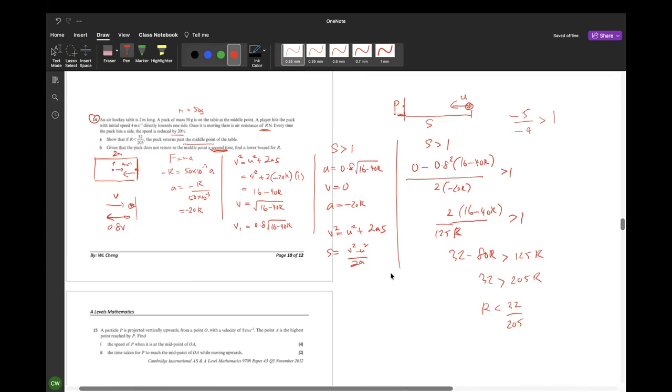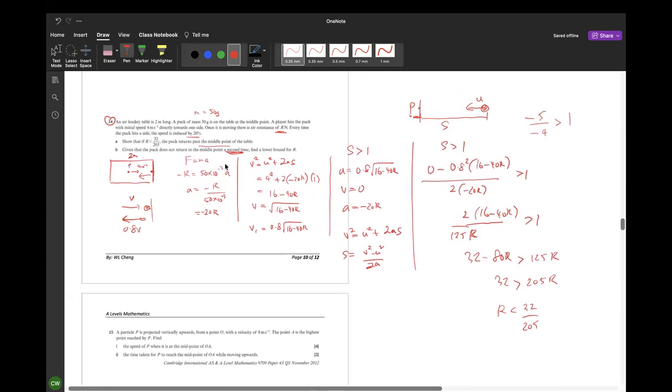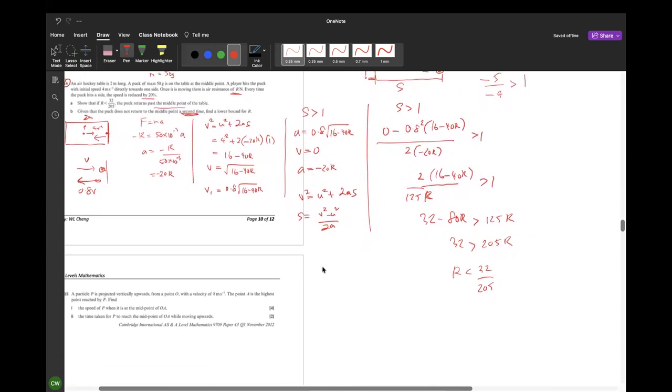Okay, so, that means you hit this way, then you go this way, then go back here.